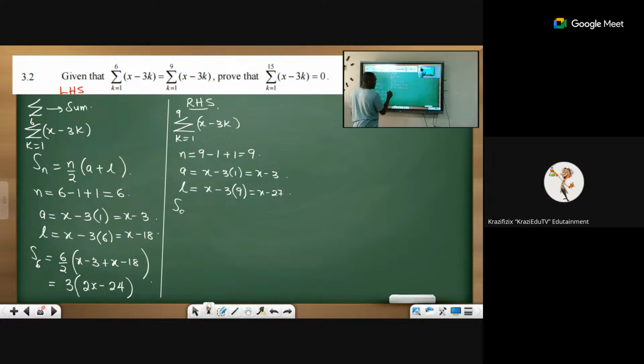So what is Sn? S9 should be equal to what? 9 over 2 into bracket (x minus 3 plus x minus 27). What will this give us? 9 over 2. Let's leave it like that. What will that give us? 2x minus 6. All right. If we want to do math here, do you notice we can factor out the 2? Yeah. I want us to be smart.